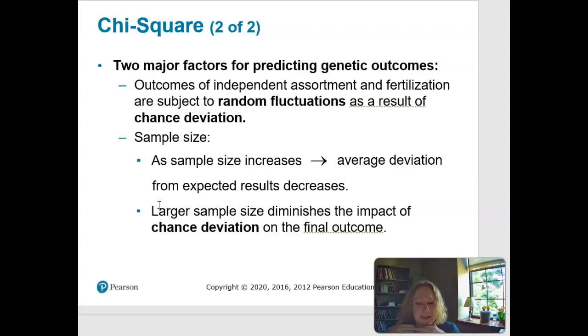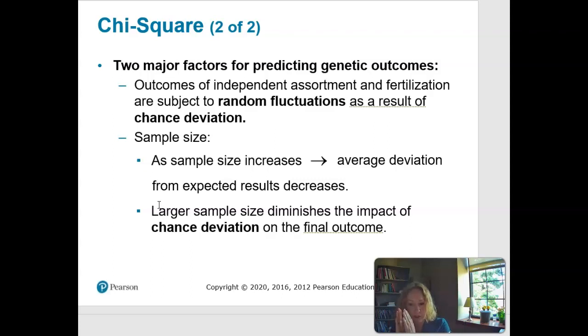So as sample size increases, the average deviation from expected results decreases. So you've got 1,000 seeds, the average deviation decreases. So all of a sudden your average is going to be closer together.